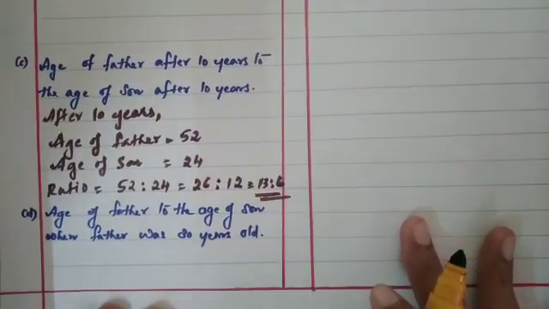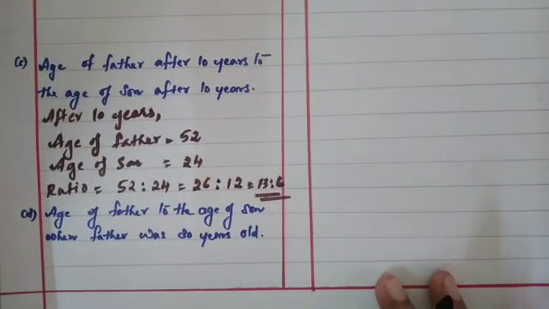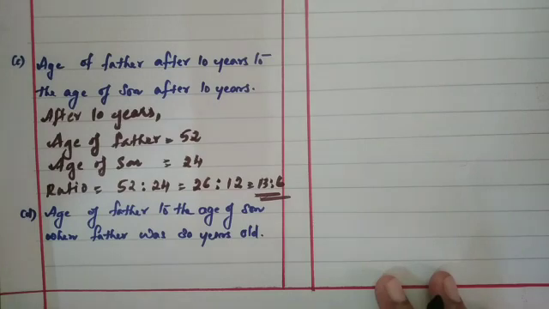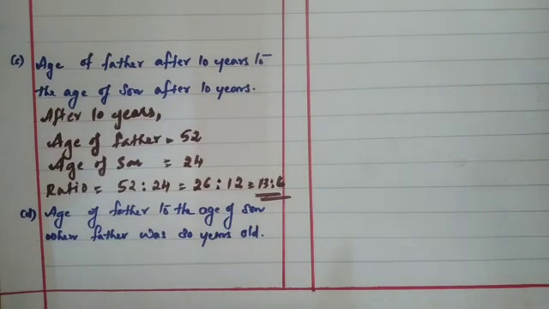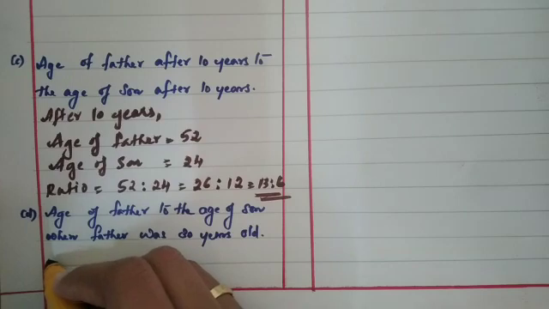Then next question: age of father to the age of son when father was 30 years old. Present age of father is 42 years. 12 years back father was 30 years old. Present age of son is 14, so 12 years back son was 2 years.